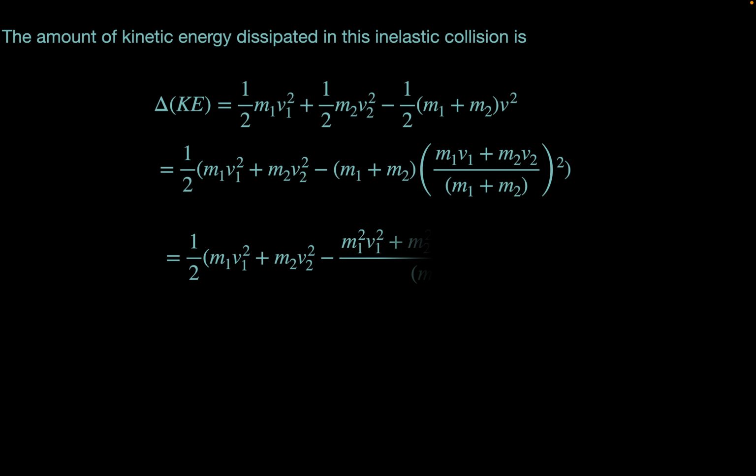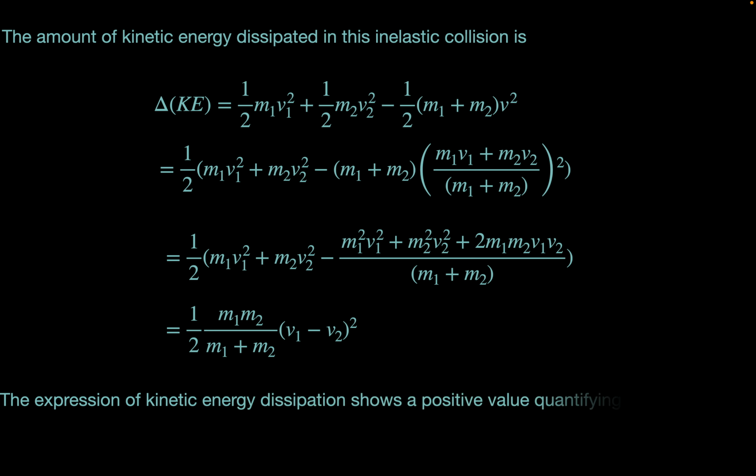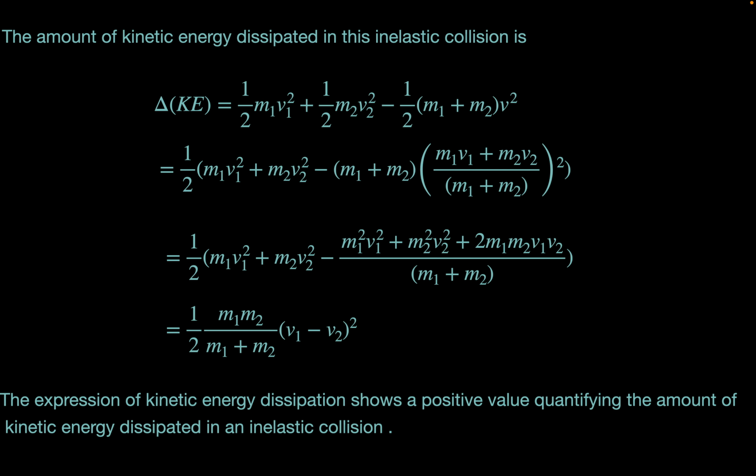Again we simplify this expression and on simplification we get half (m1 m2 divided by m1 plus m2) times (v1 minus v2) whole square. This value is a positive value, and the positive value of kinetic energy dissipation shows that there is a loss of kinetic energy in the inelastic collision.